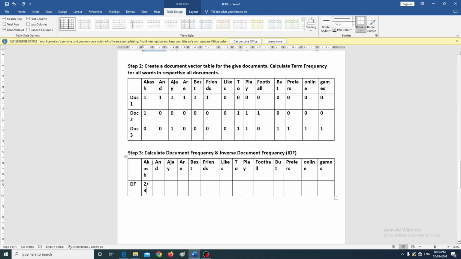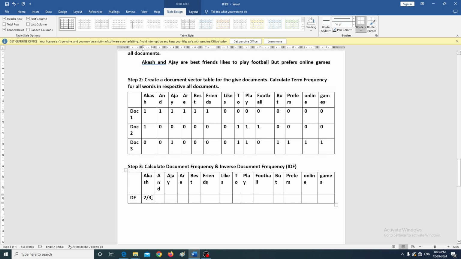Out of 3 documents, we have the Akash word in 2 documents. Coming to the end word, we have the end word in a single document, so it would be 1/3 out of 3 documents.